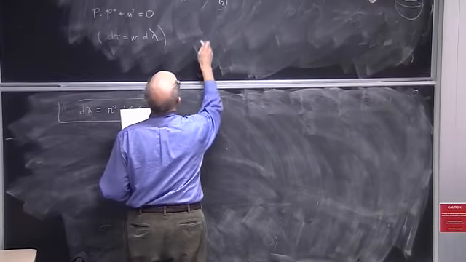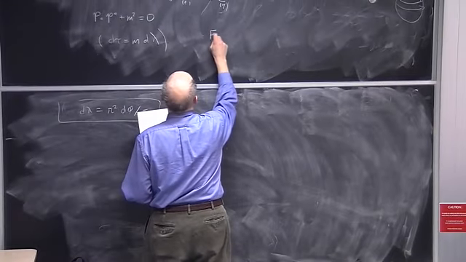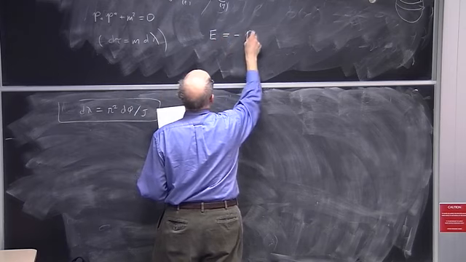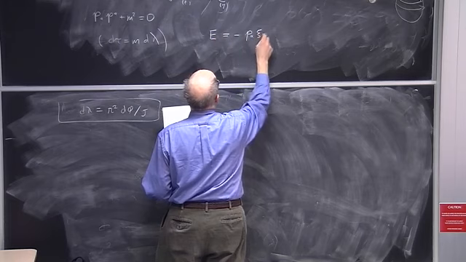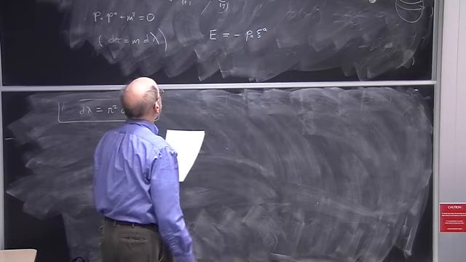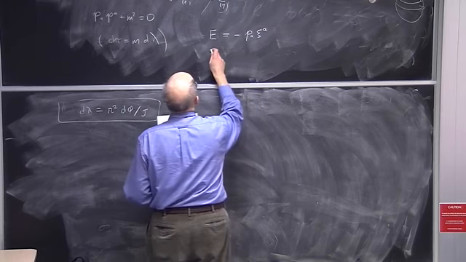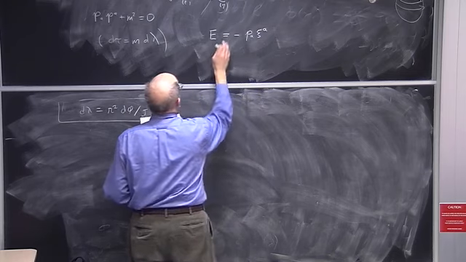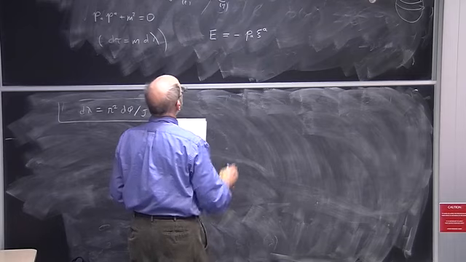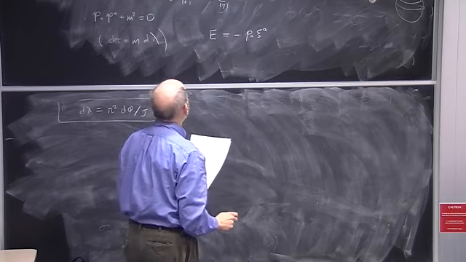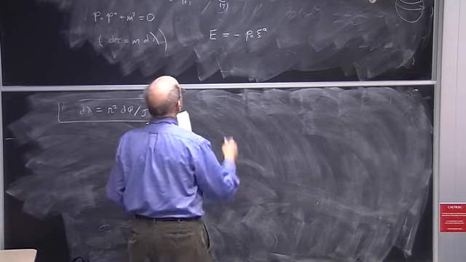So the conserved quantities were E, which was minus the inner product of the killing vector with the momentum, and the minus sign is so that it'll come out positively. It's a positive number when you choose the killing vector to point forward in time, which is a common convention.